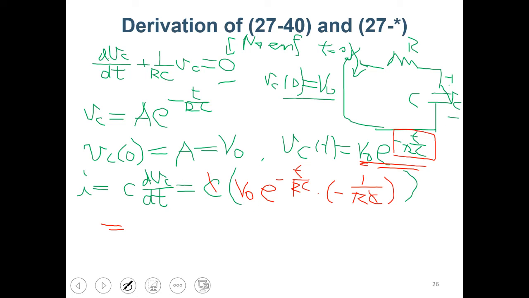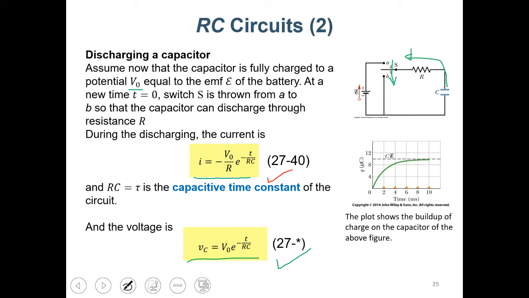We have one negative sign, so i would be V0 over R multiplied by minus e to the minus t over RC power, which means that as long as it is discharging, the current is going this way, counterclockwise. So in this case, we derive this equation.